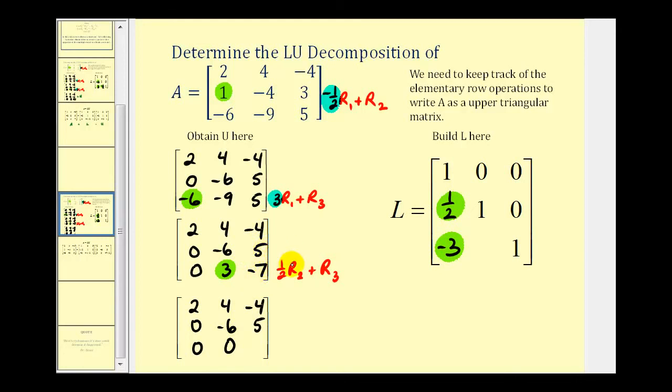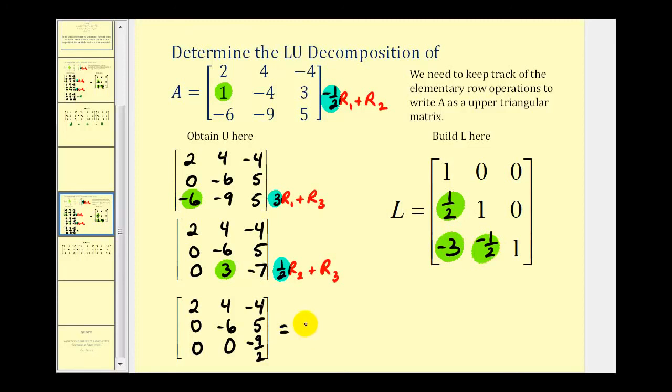And then we'll have 1/2 times 5, that's 5 halves, plus negative 7, which is negative 14 halves, which would be negative 9 halves. So this element here is negative 9 halves. Notice our multiplier here was positive 1/2 to obtain a 0 in row 3, column 2. So row 3, column 2 of our lower triangular matrix will have an element that's the opposite of positive 1/2, or negative 1/2.